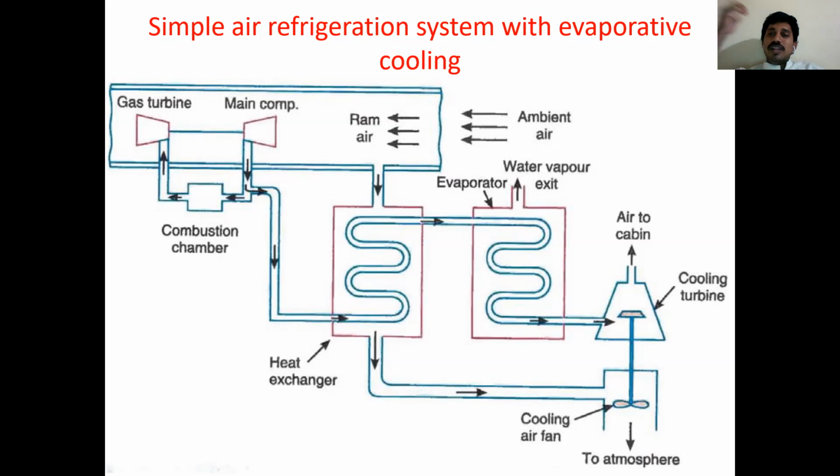Then the air temperature increases. Like that, this working will go on. So this is the simple air refrigeration system with evaporative cooling. The only difference is that I have added an evaporator, in which evaporation takes place by using some amount of medium. So that is the thing.